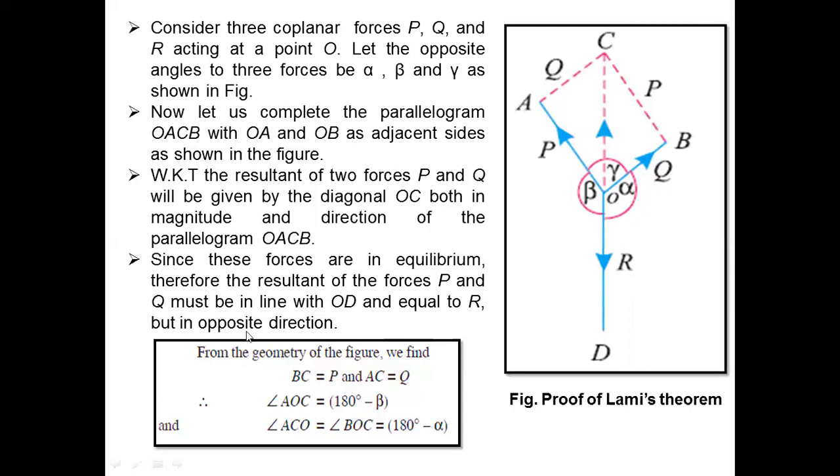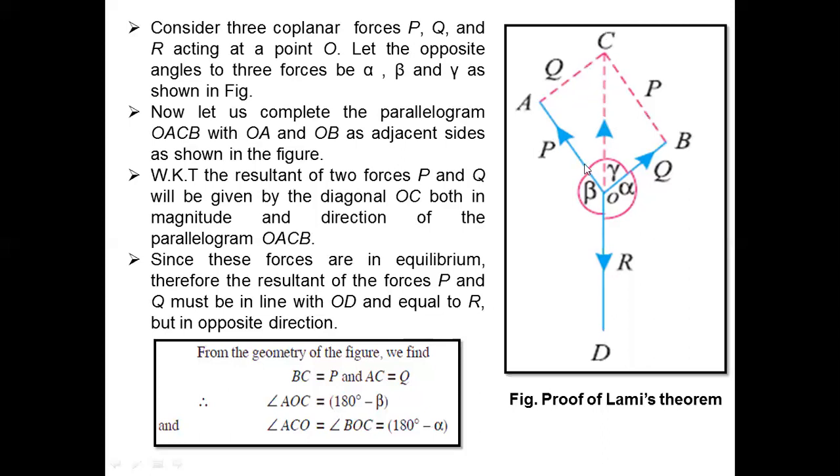Now, from the geometry of the figure, we find that BC represents the force P and AC represents the force Q. To prove Lami's theorem, we require the three forces and the angles made by them. Here, OA represents the force P, AC represents the force Q, and OC represents the resultant force. So totally, there are three forces acting.